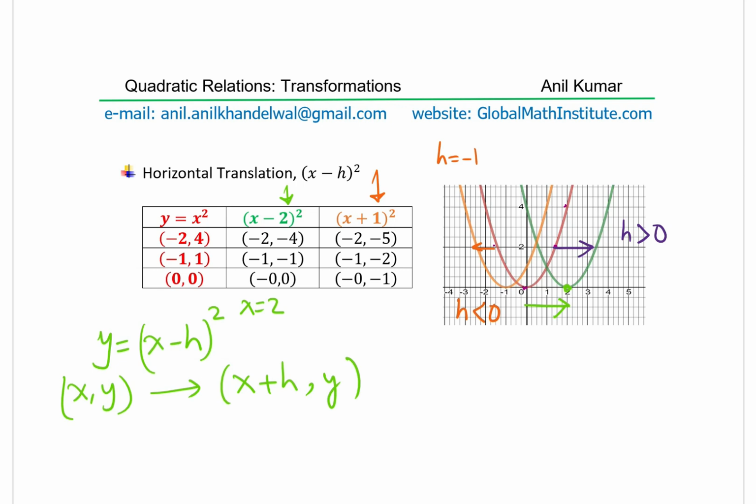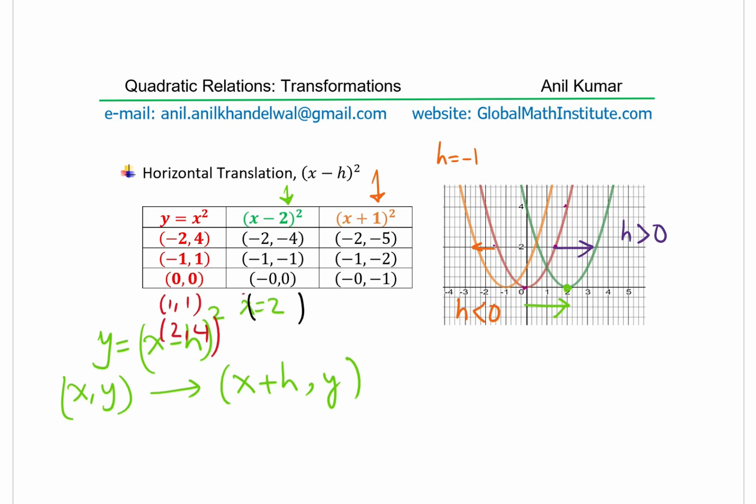So that is how you have to visualize. Here are the key points which we have mentioned. So we have taken just 3 points this time, but you could add to this list, right? So I'd like you to add to this list the other two key points, which are 1, 1 and 2, 4. The y values remain the same. So when you're going to write down the points, let me just show you how you have to write it. 1 and 1, the x value changes. Minus 2 means you have to add 2.